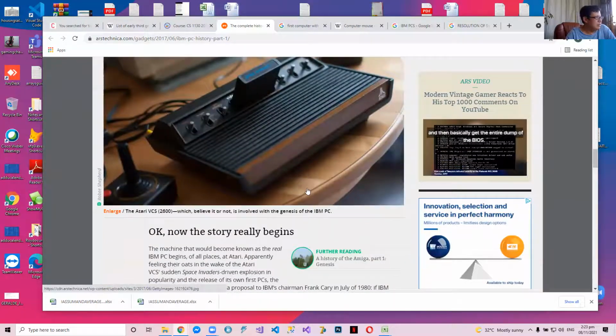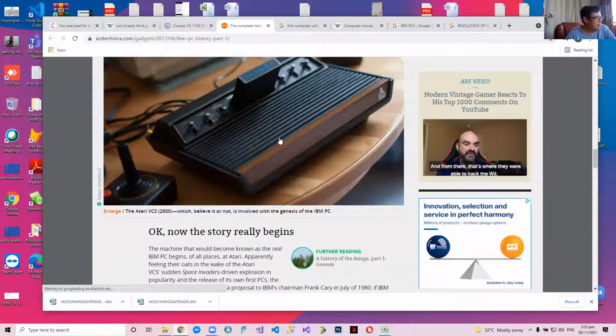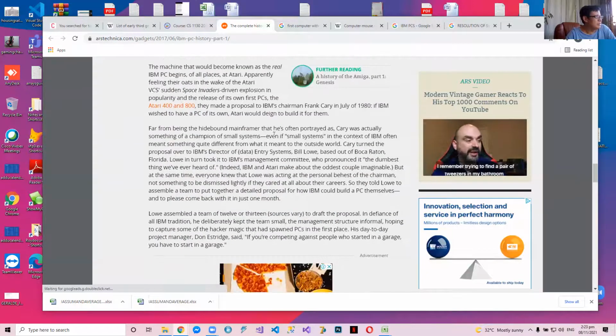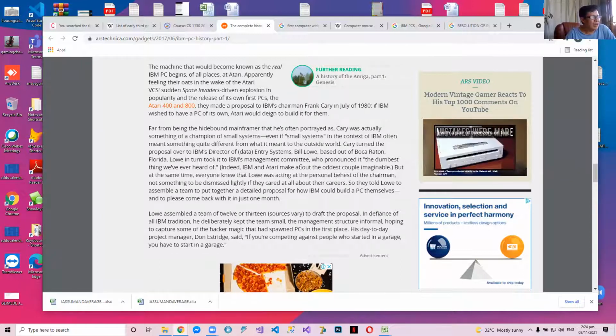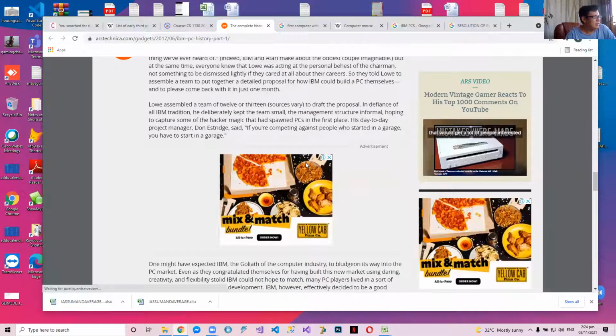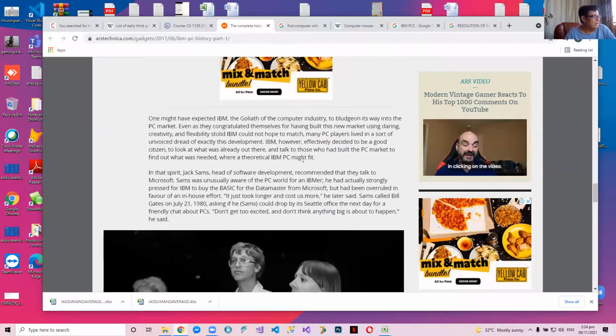Now this is an Atari machine, which was also a producer of microprocessors during those times. Atari 400 and 800 made proposals to IBM in 1980, to create small systems to compete with Apple, because Apple was already producing the Apple II by 1980.